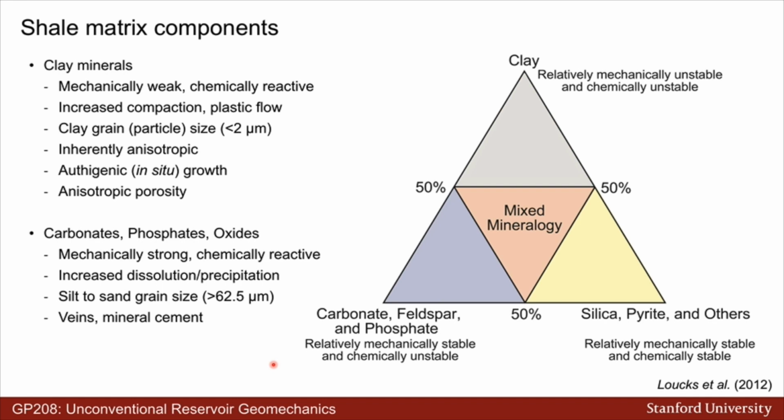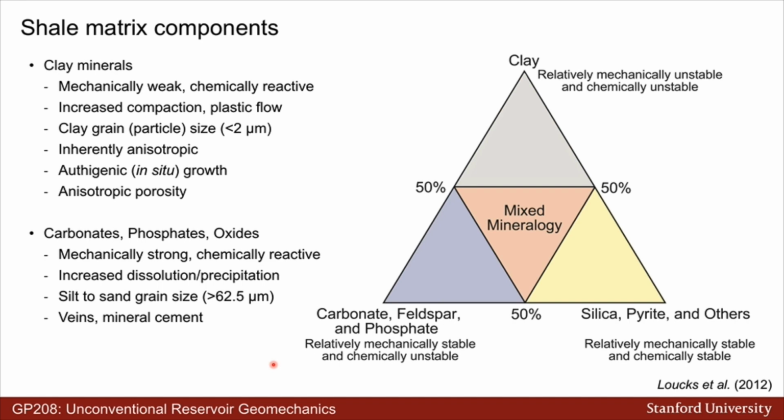The next group to talk about is carbonates, phosphates, and oxides. And these components of the rock, in contrast to clay, are mechanically strong, but also chemically reactive. This means that in rocks with high carbonate, we can expect increased dissolution or precipitation as a result of interaction with slightly acidic fluids or CO2-bearing fluids.